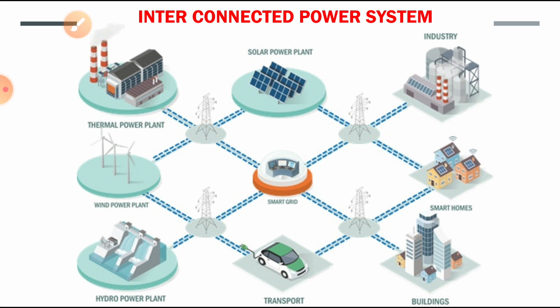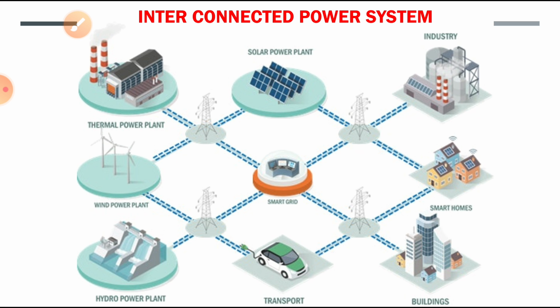What is the basic concept here? Let me tell you what an interconnected system in power engineering is. Before going to the topic, you know how sources exist in our electrical fields, of more than one type.